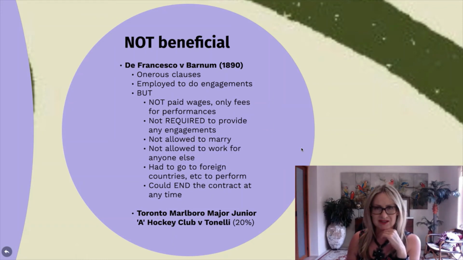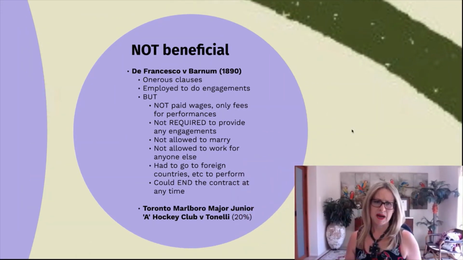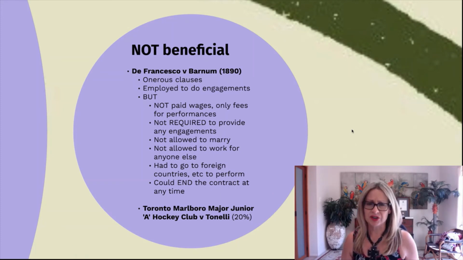What were those things that tipped it over? Part of the problem was that the minors really couldn't depend on the contract for pretty much anything at all, actually. All it was, was an agreement that if and when De Francesco wanted to engage them for performances, they must perform for him and for him only.